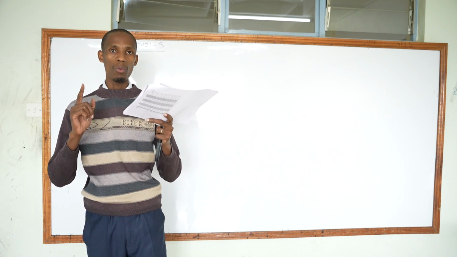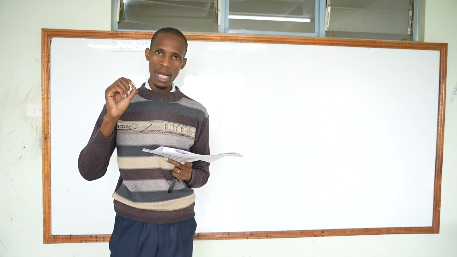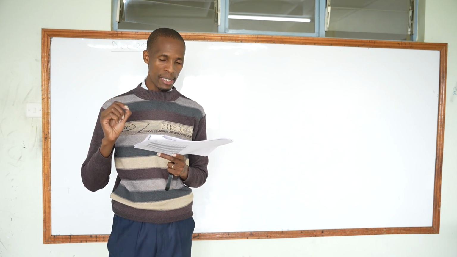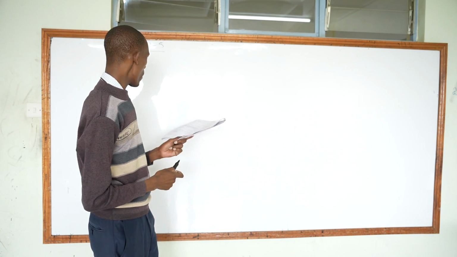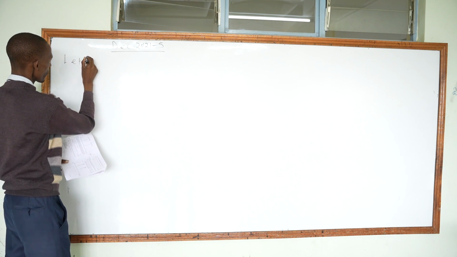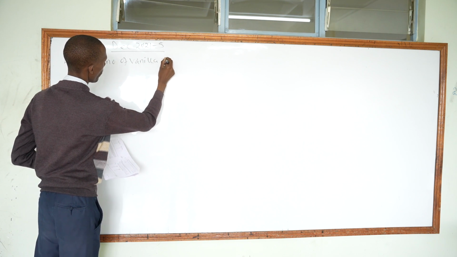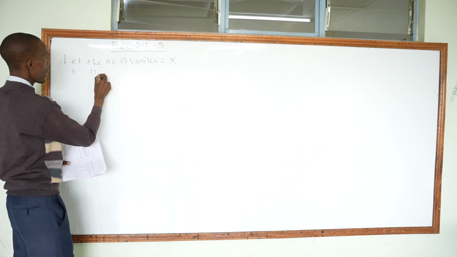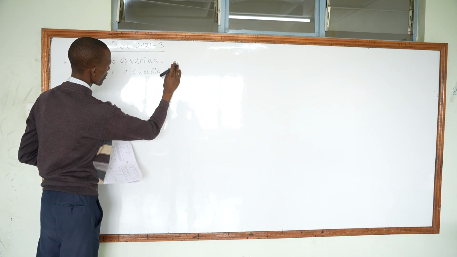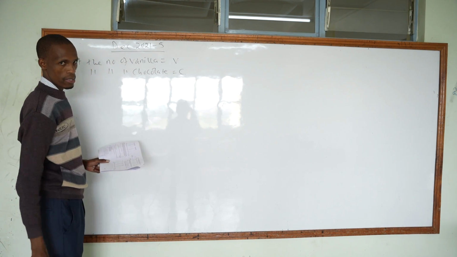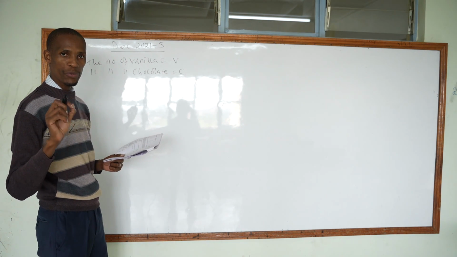So, number 1, we formulate the linear programming problem. The first step is the key decision. What is the key decision here? The key decision is making vanilla and chocolate puddings. So let the number of vanilla be V and let the number of chocolate be C. Another key thing is the objective.